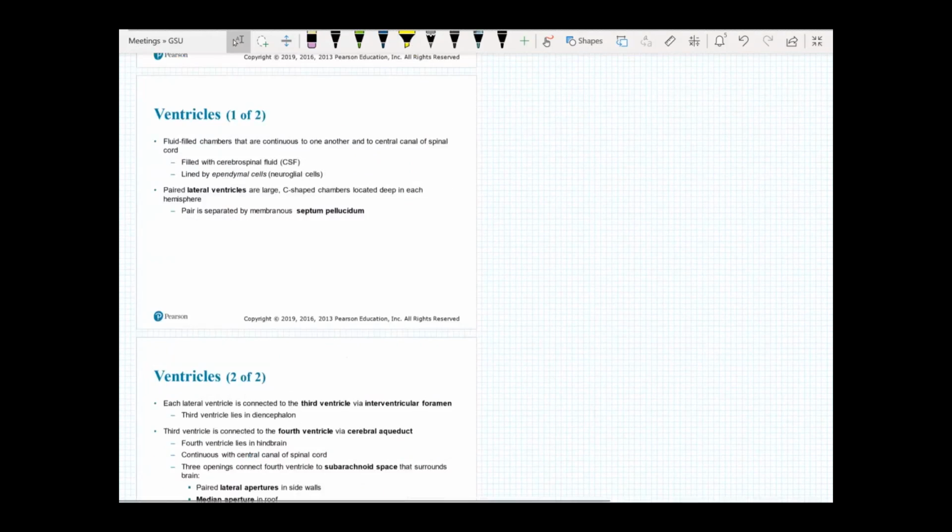Another term is going to be ventricles. So when we're talking ventricles, these are the areas of your central nervous system that will contain fluid, and that fluid is going to be called CSF. And basically CSF is primarily water, but it's also going to hold some nutrients as well. And this is called cerebral spinal fluid.